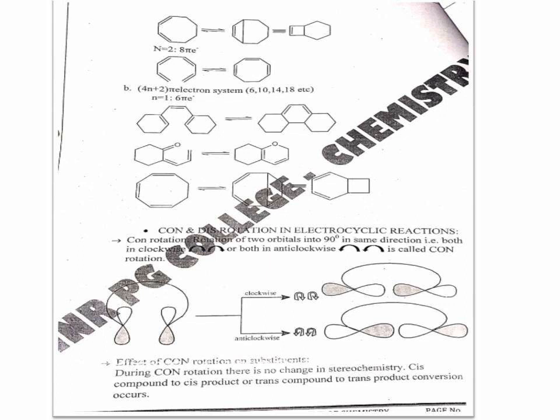Now coming to the last example under the B category, some examples of 4n plus 2. This is also a cyclooctatriene. The right side is a bicyclic compound and the left side is a monocyclic compound, meaning one sigma bond is less here.